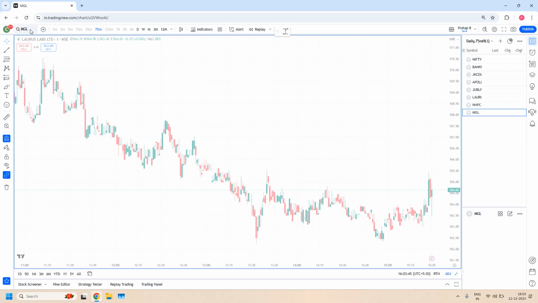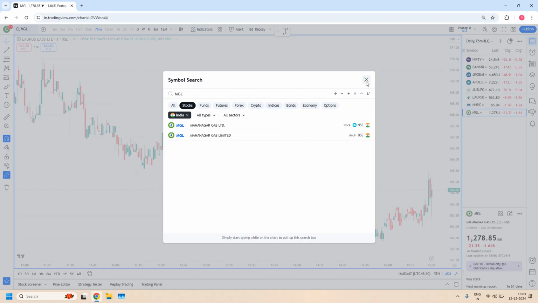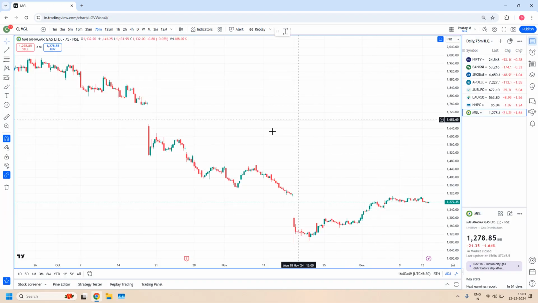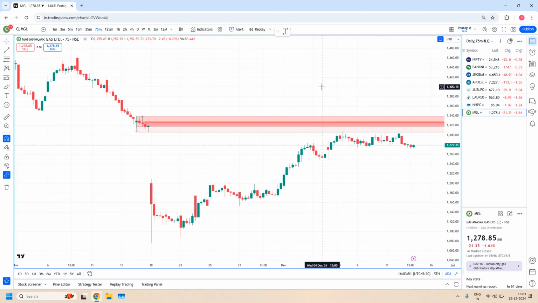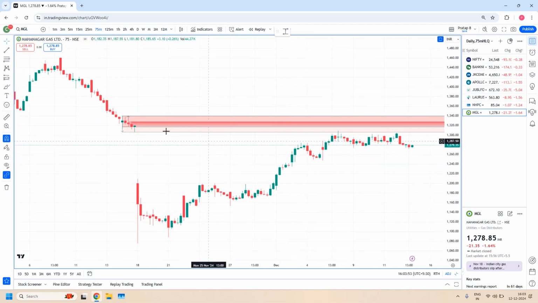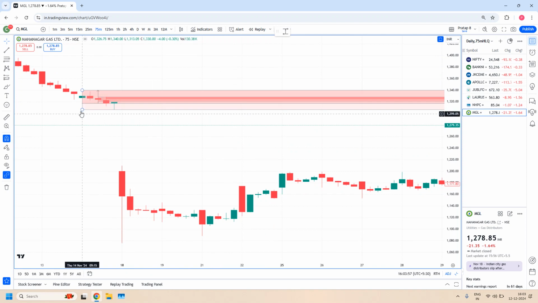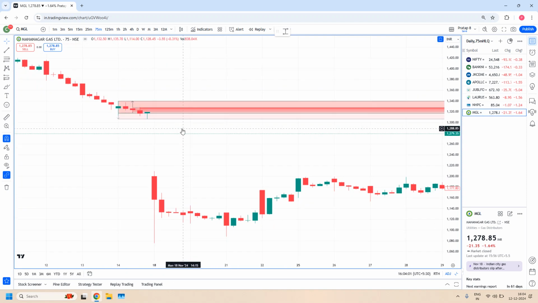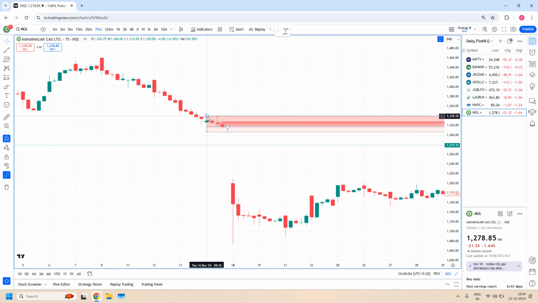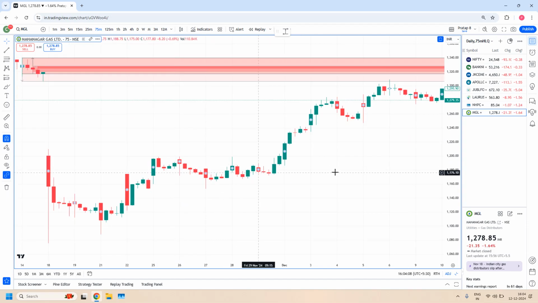Somehow it is not loading. Okay. So this is a 75-minute zone. Previously, I explained how I fine-tuned MGL. So this is a rally candle. You have 1, 2, 3, 4 base candles and a drop candle.